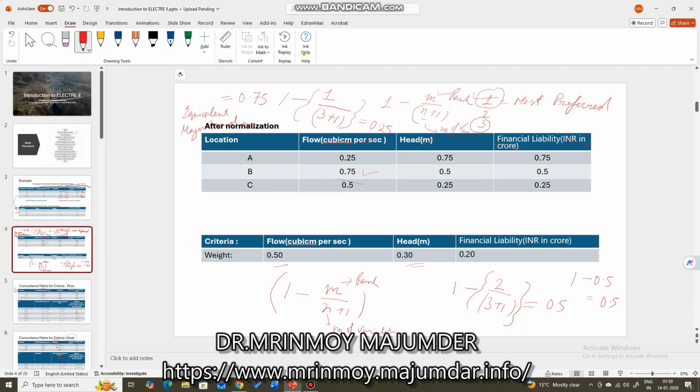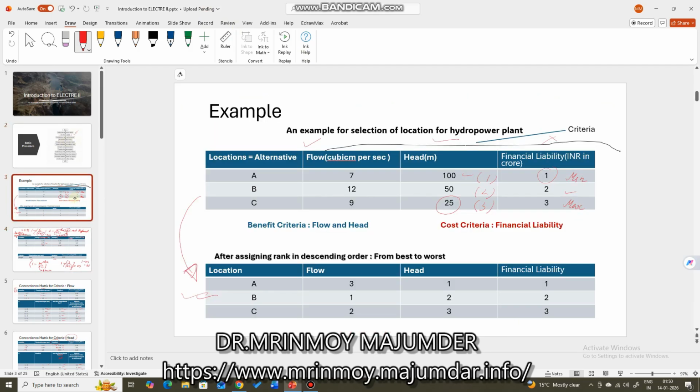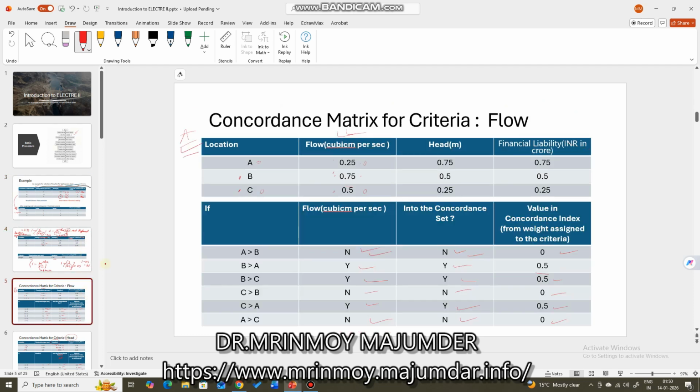And after that, what we've done is, after we calculate the equivalent magnitude of the rank, we have normalized the matrix, and this is the normalized matrix you see.